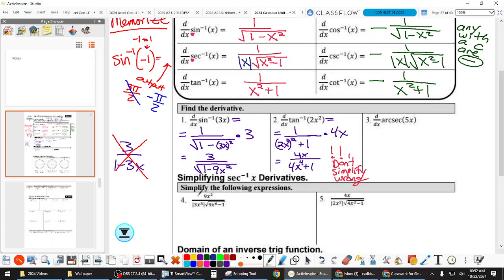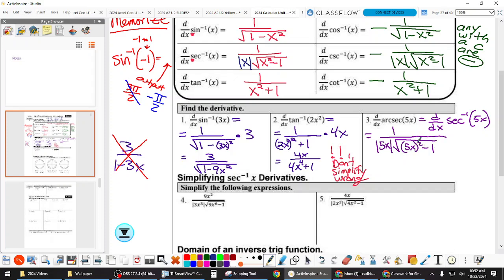Okay, and then we have arc. Again, if you don't like arc, you can rewrite it as just the inverse. Okay, so 1 over absolute value of 5x, and then square root of 5x squared minus 1.